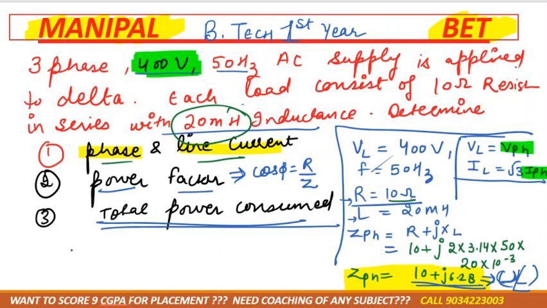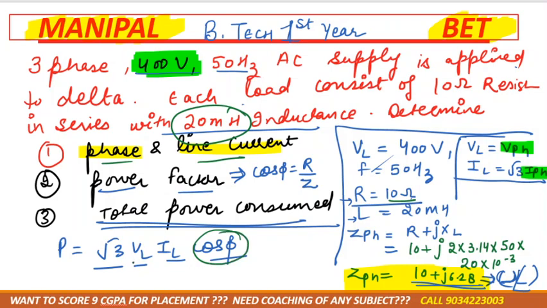Next one is the total power consumed. P is equal to root 3 VL IL cos phi. Root 3 is there, VL is there, IL is there, cos phi is there, right? You can get all these values. But remember one thing, in the power we never take the angle. We need to take the magnitude of voltage, that is 400. We need to take the magnitude of the current.